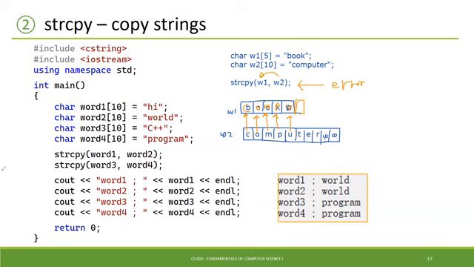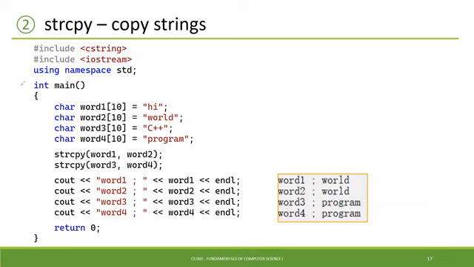Yeah, so let's talk about this one. Your question is, what happens if I copy word 4 to word 3, right? You want to try this one, you want to copy 3 to 4.